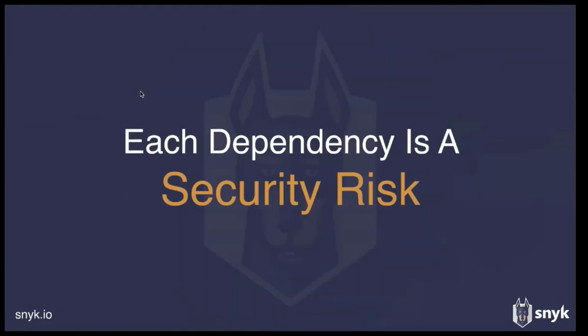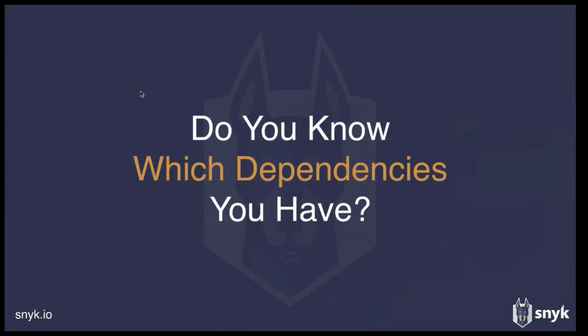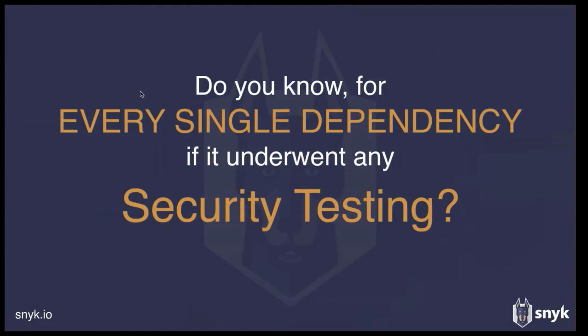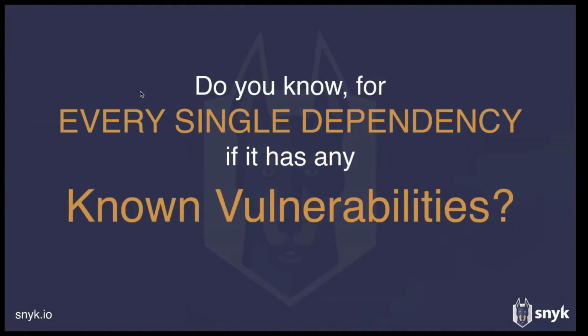So each of these dependencies is a security risk. And there's a lot of variation between the dependencies, right? We need to know what dependencies we have. But even if we know that, we may not know if it's developed by someone who has security expertise, may not know if it underwent security testing, and it may have known vulnerabilities, right?